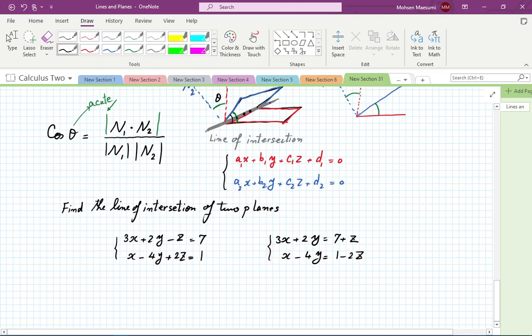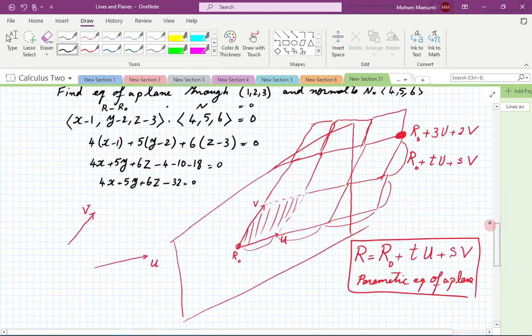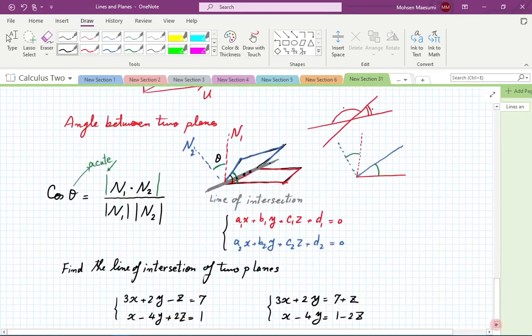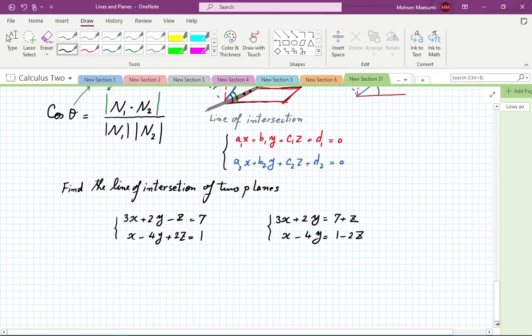Now I can go ahead and find x and y in terms of z. So x is going to be some expression in terms of z, y is going to be some other expression in terms of z, and then z is going to be the parameter for my line. You remember when we described the lines at the beginning, the lines had some parameter. Now that parameter could be any of these three variables themselves. So this is one situation where this happens.